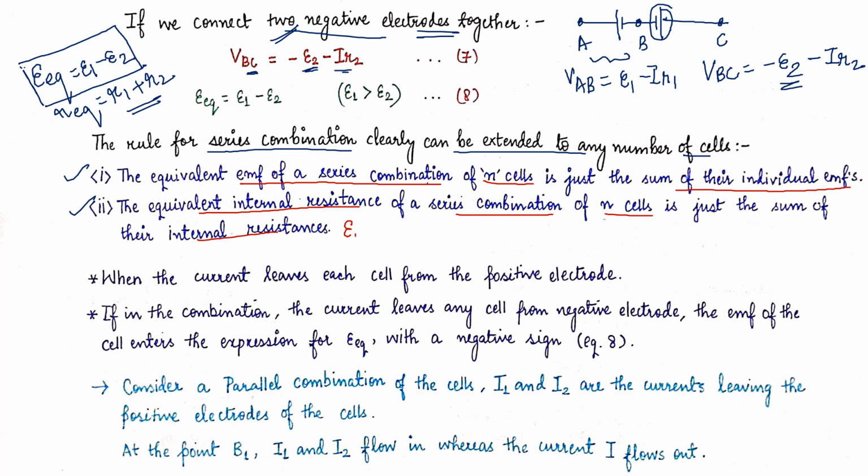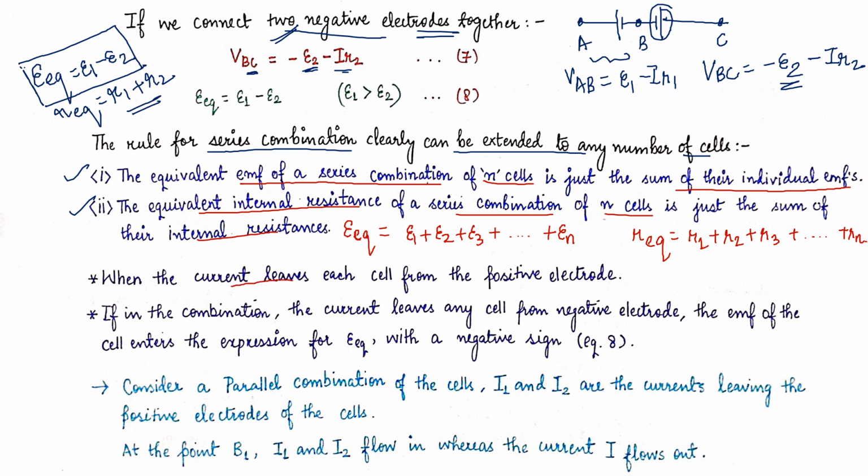Now I will show the E equivalent for n number of cells. It will be epsilon 1 plus epsilon 2 plus epsilon 3, keep going up to epsilon n. Similarly, R equivalent equals R1 plus R2 plus R3, and it will keep on going up to Rn, n number of cells.